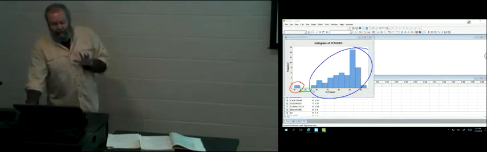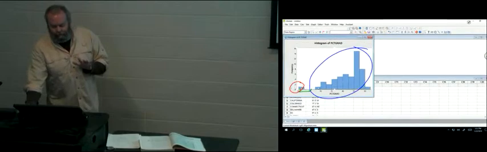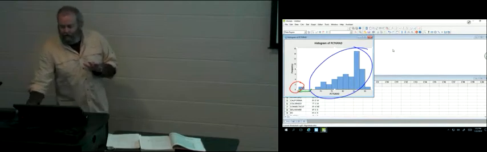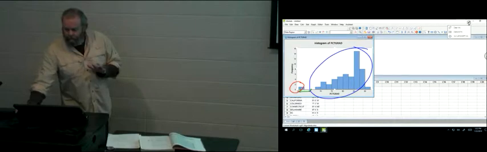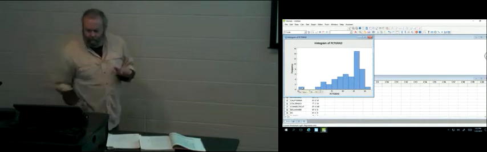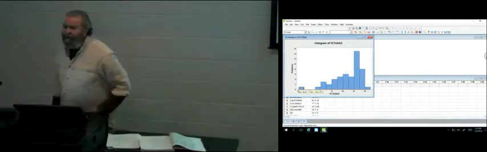Now, if I'm sitting here in Minitab, I can put my little cursor there. So I know there's one in there, right? There's something between 60 and 62.5%, right?